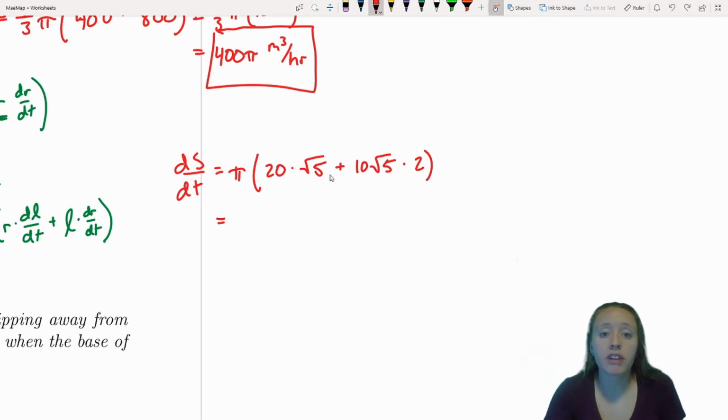So I have 20 root 5 plus 20 root 5. When I multiply 10 times 2, that gives me 20 root 5. 20 root 5 plus 20 root 5 is going to be 40 root 5. So I'll have 40 root 5 times pi, and that's going to be meters squared per hour.